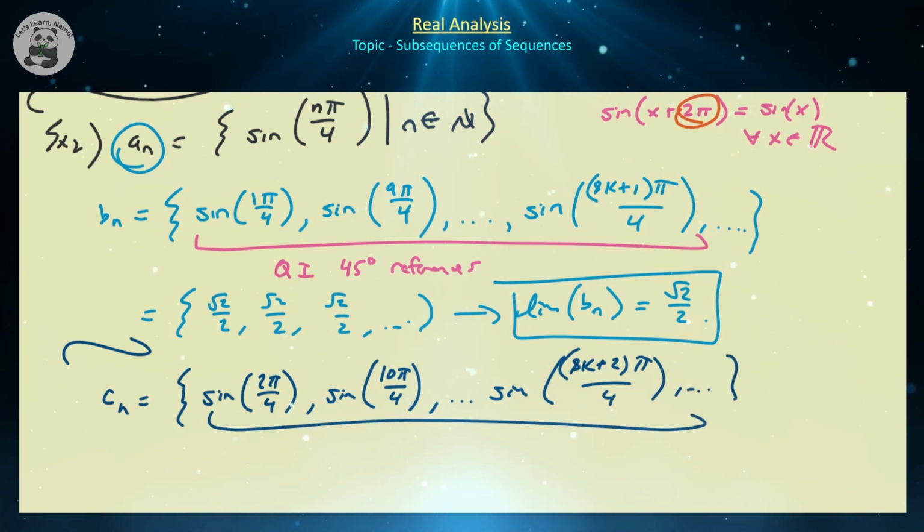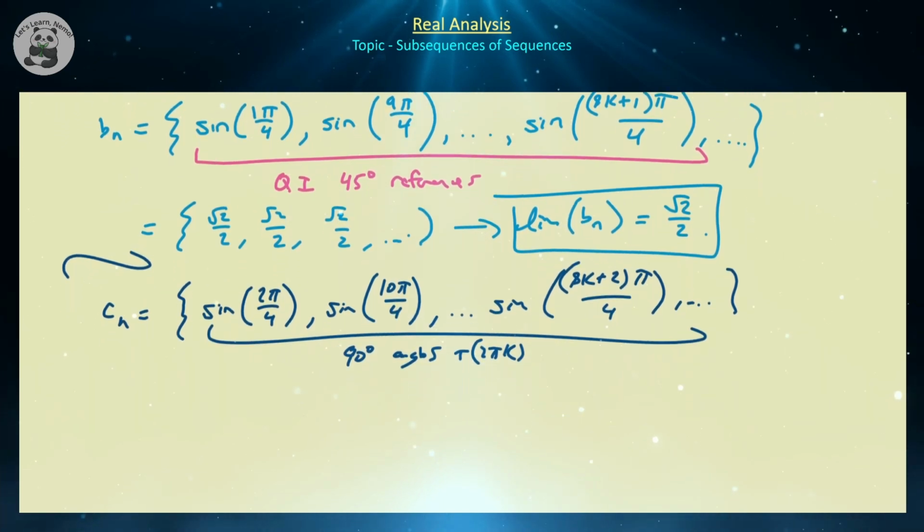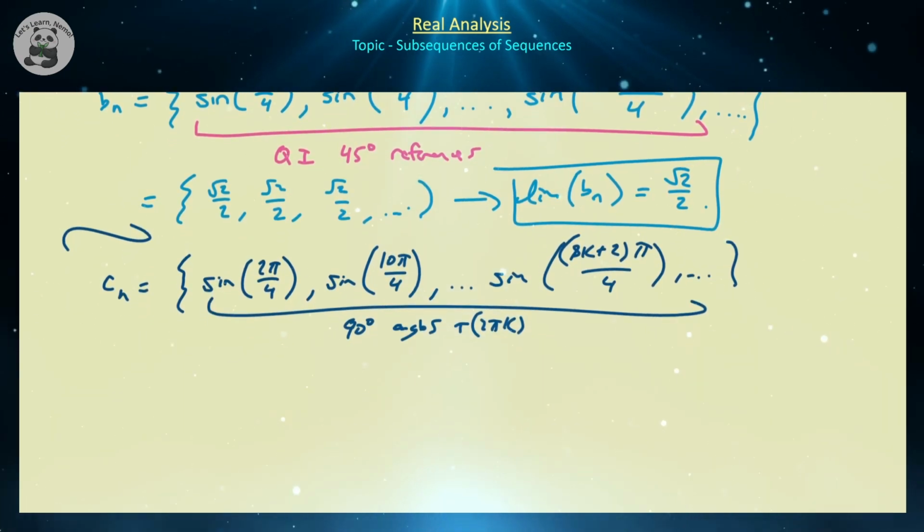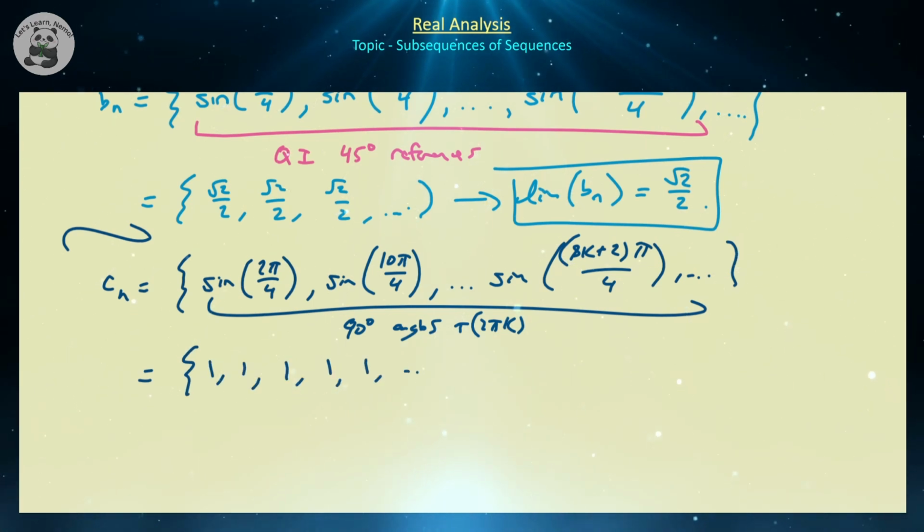These are all your 90-degree angles plus 2 pi k, where k is in the set of integers. So we're looking at the positive vertical axis, and the sine value is all going to be equal to 1. So we're going to have 1, 1, 1, 1, and so on.